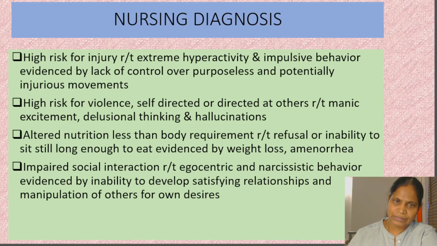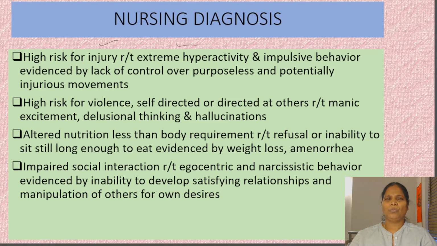First nursing diagnosis is high risk for injury related to extreme hyperactivity or impulsive behavior. Now, when we say high risk for injury, why is that? Because these persons are very aggressive and impulsive, mainly related to alteration in biochemical factors.